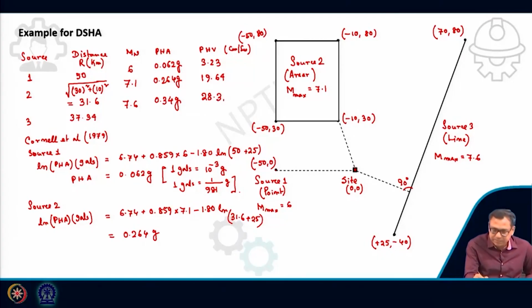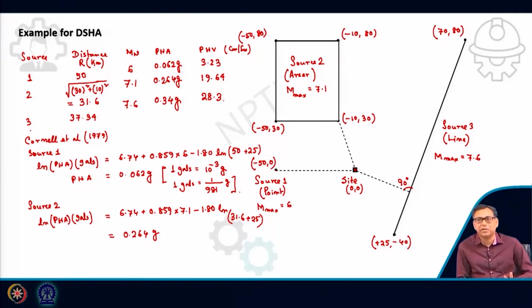So from this PHV consideration also, source 3, this earthquake, is the controlling earthquake. So now I can get the controlling earthquake. The rest of the parameters I will determine based on this earthquake only, as I discussed in my previous lecture.